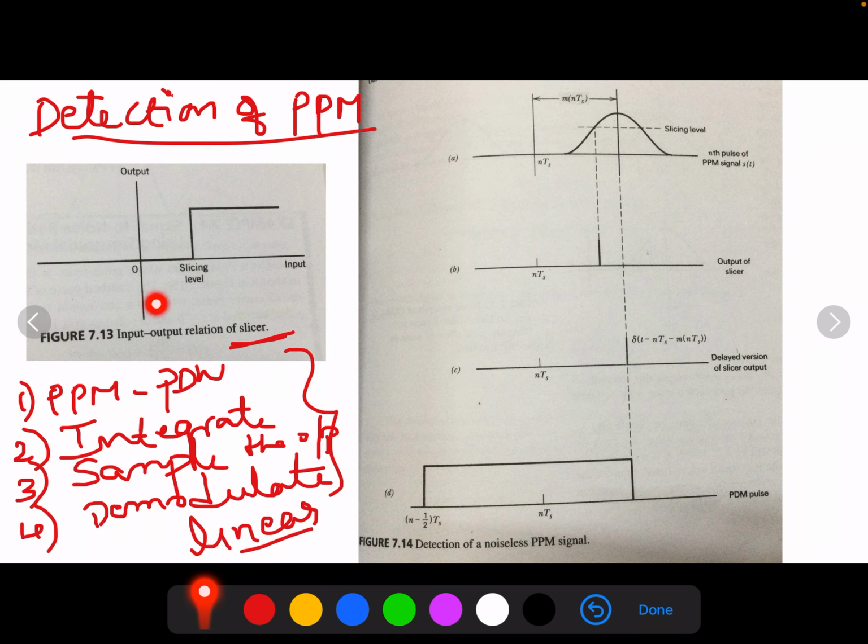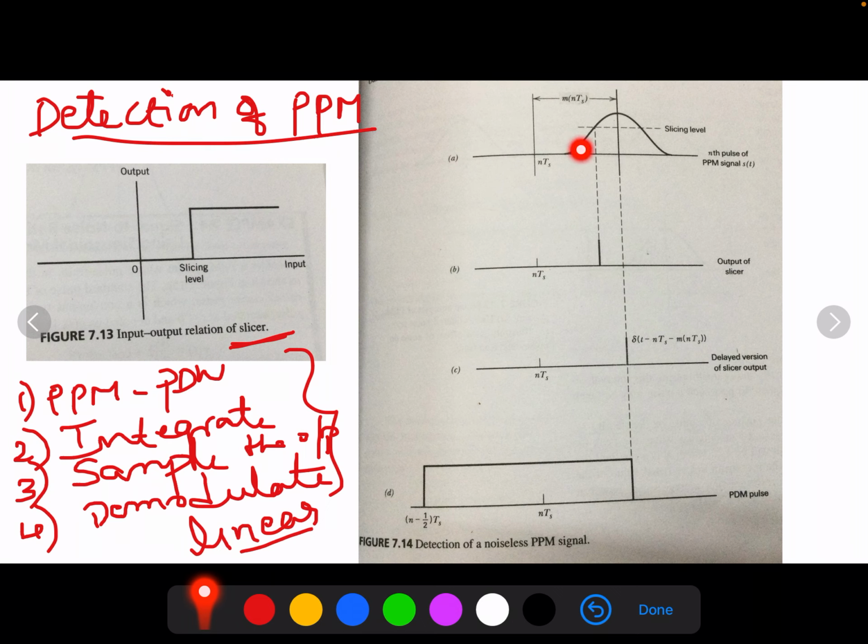The function of the slicer is to preserve the positions of the edges of the received pulses and to remove everything else. What is the function? It is to preserve the position of the edges of the received pulses. It does so by producing almost rectangular pulses with fairly sharp leading and trailing edges at the same instant as the corresponding edges of the received pulses.